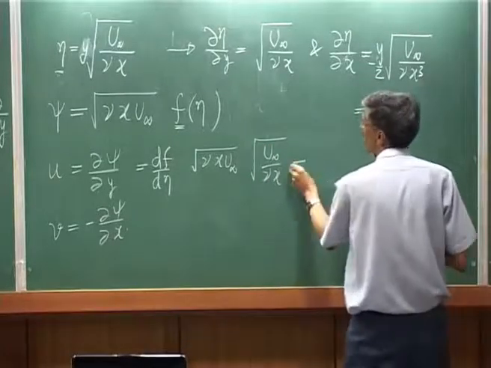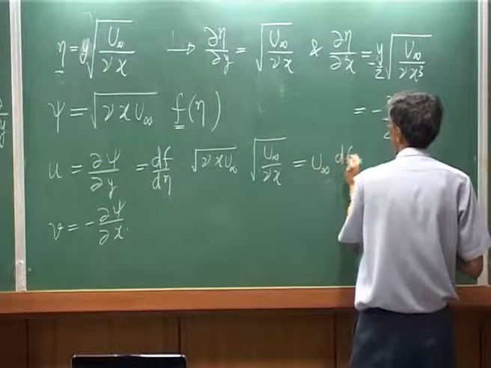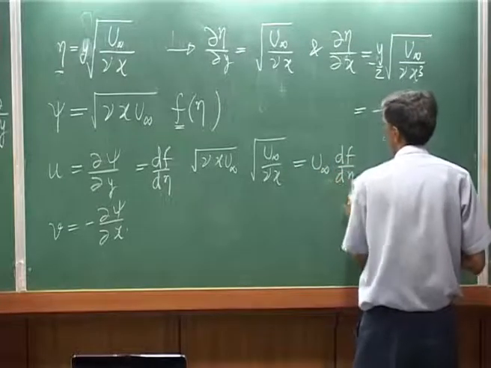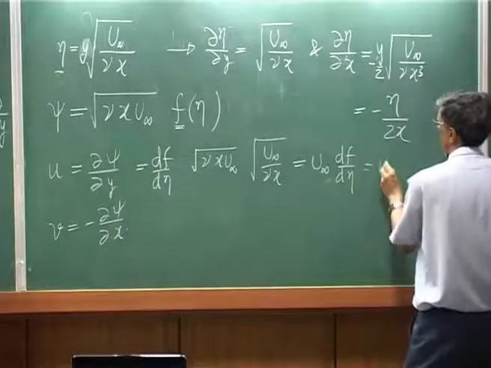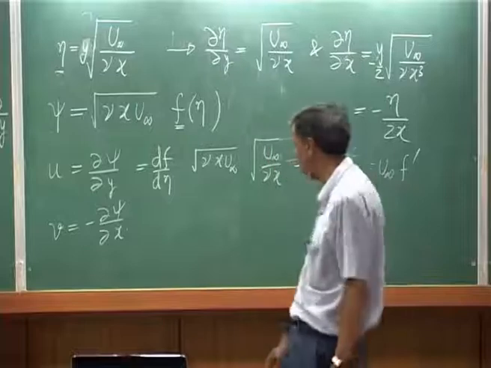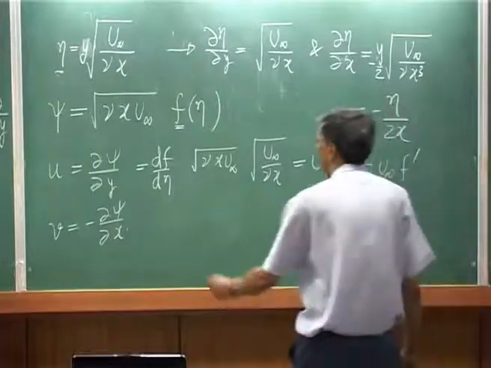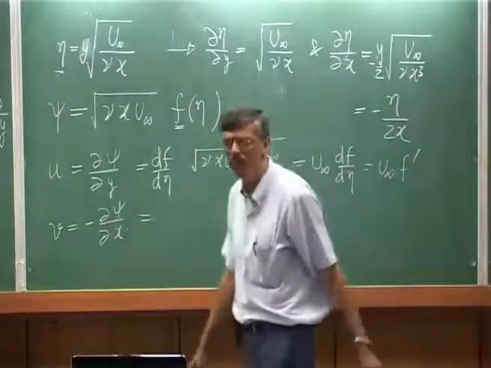So, this basically gives me u infinity df d eta, or I could just simply write it as f prime, which conserves space. Okay.